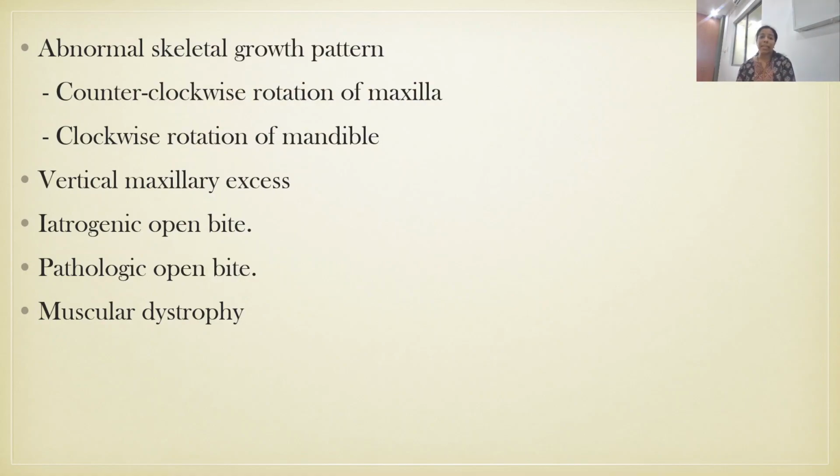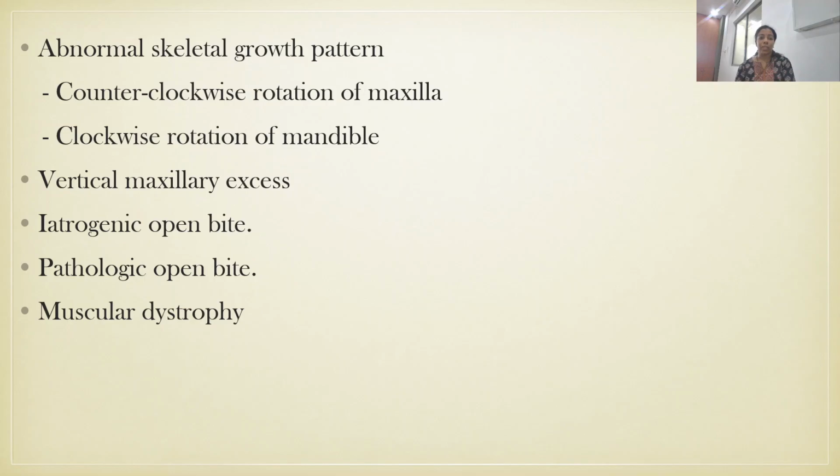In abnormal skeletal growth patterns, means the growth pattern can be due to the rotation of maxilla or mandible, in which normal clockwise rotation or counterclockwise rotation happens. When the clockwise rotation happens, it results in the open bite, and the clockwise rotation of mandible, that is downward rotation of the mandible, can also result in open bite.